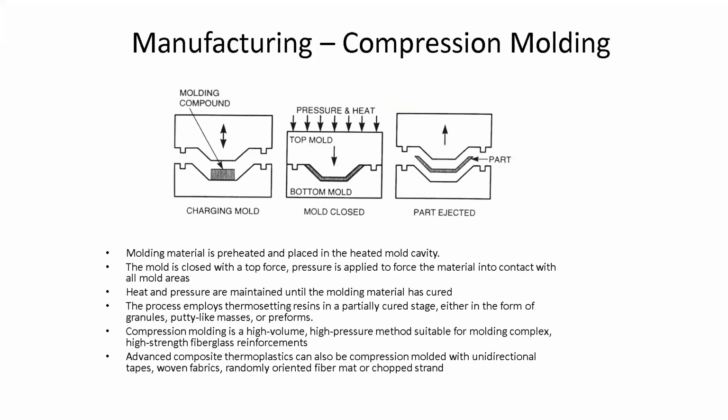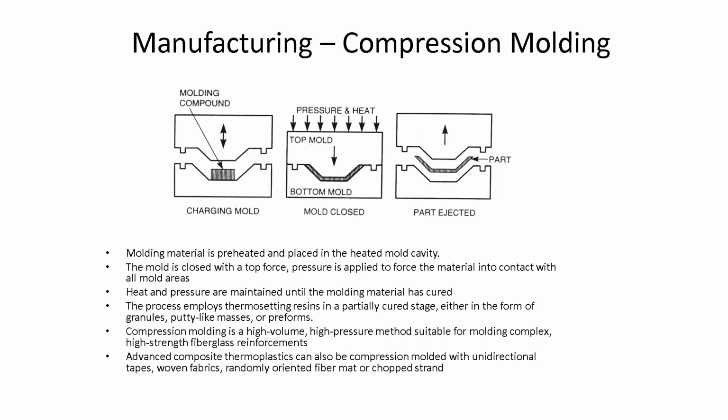We also talked about compression molding a little bit, where the molding material is preheated and placed in the heated mold cavity. The mold is then closed, the pressure is applied, and the material in contact with the mold area is heated as a consequence. Heat and pressure are maintained until the molding material has cured, and basically you're going to have the product at the end.